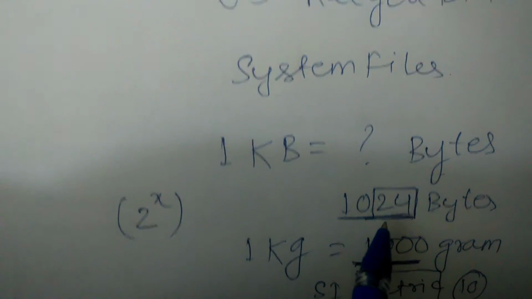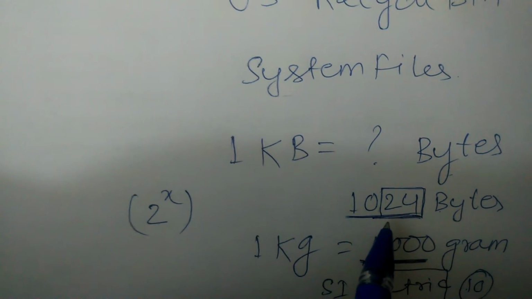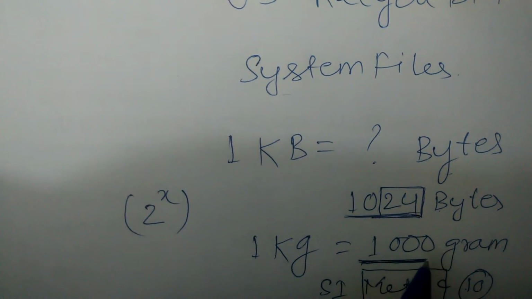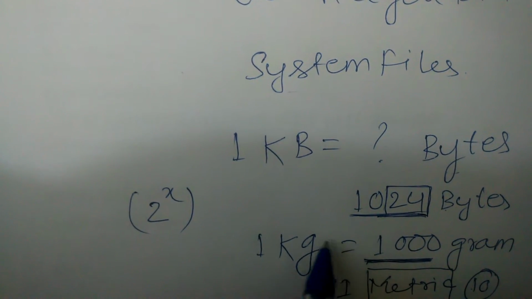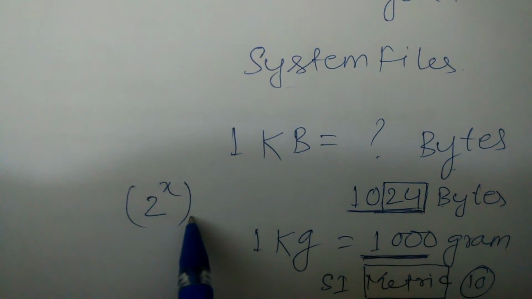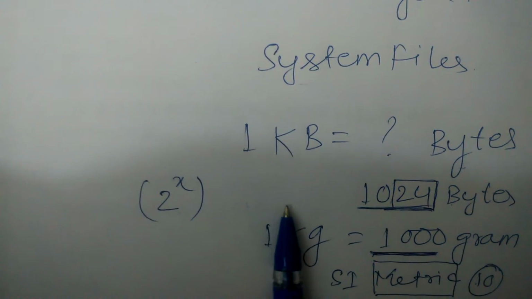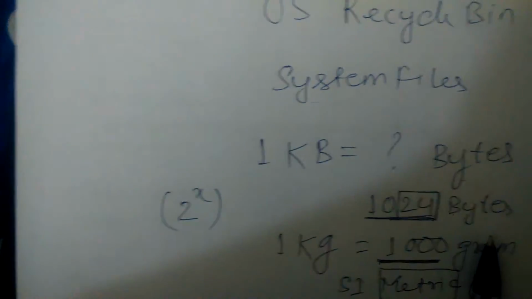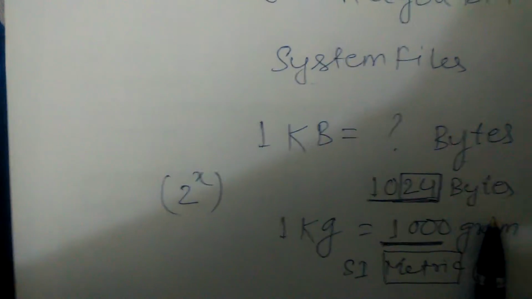Now, why did this come up? The answer is that computers do not think the way we do. Computers think in 2 and multiples of 2. Why 2? That is because they think in only 2 digits: either a 0 or a 1.